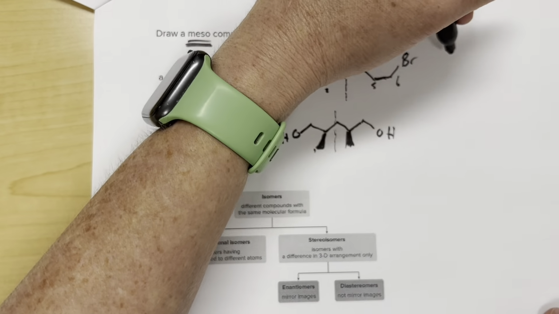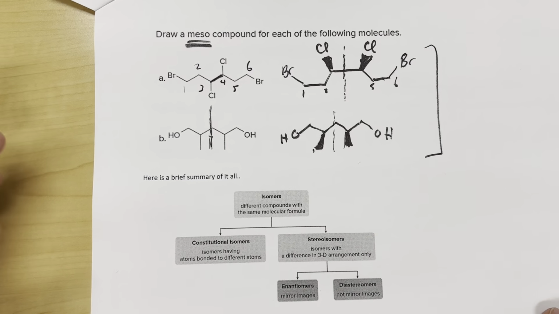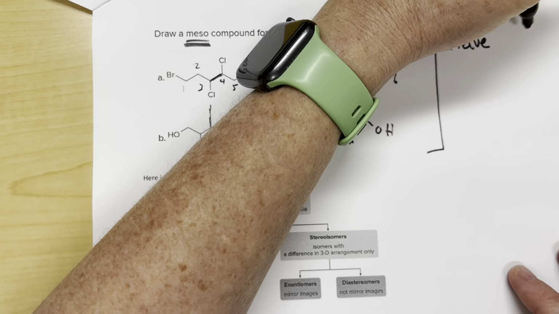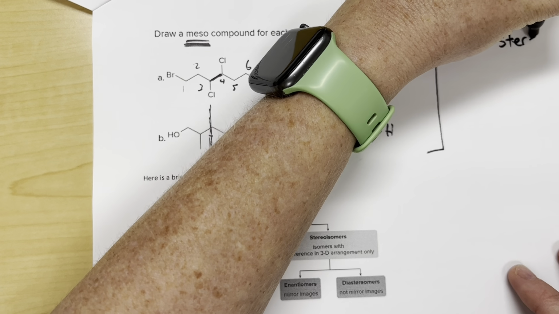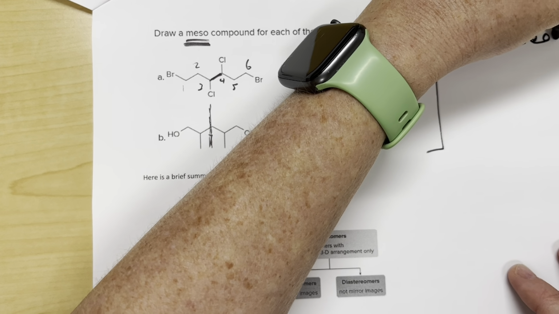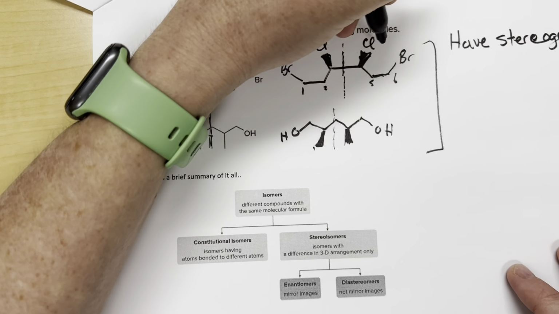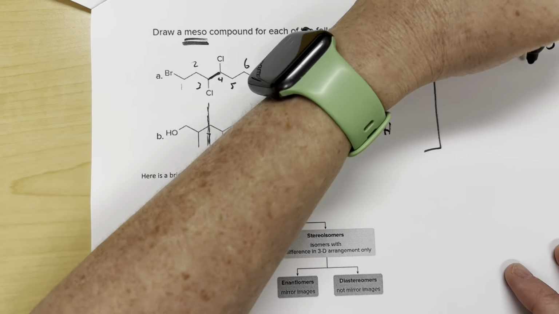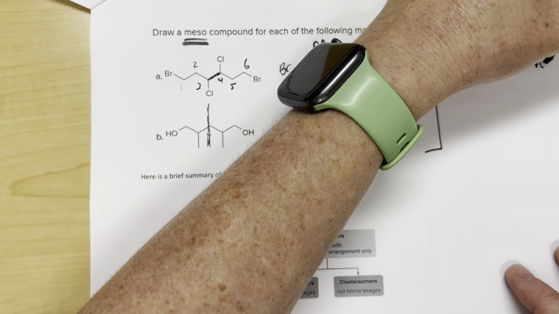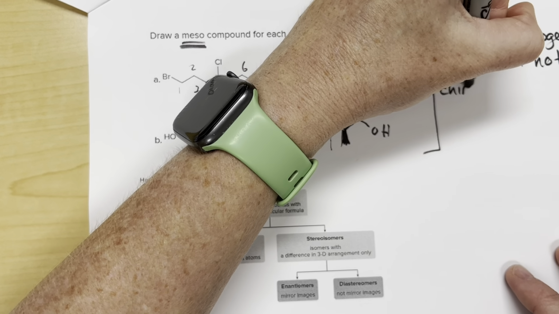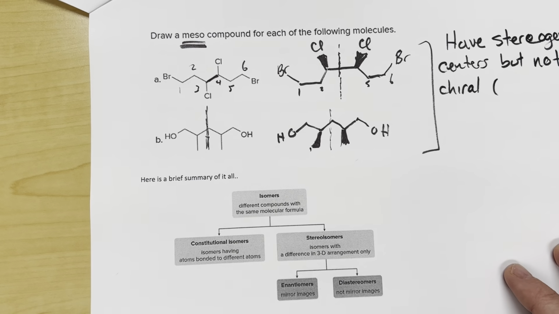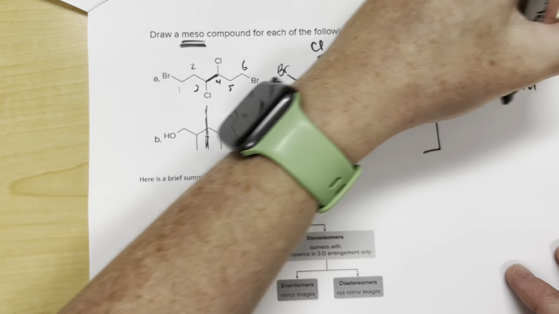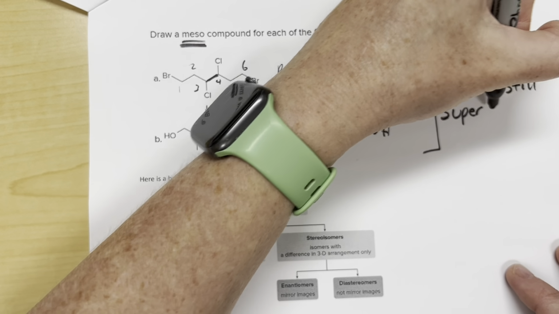Okay, so again, these are meso compounds. They have stereogenic centers, but they are not chiral, meaning they are still superimposable.